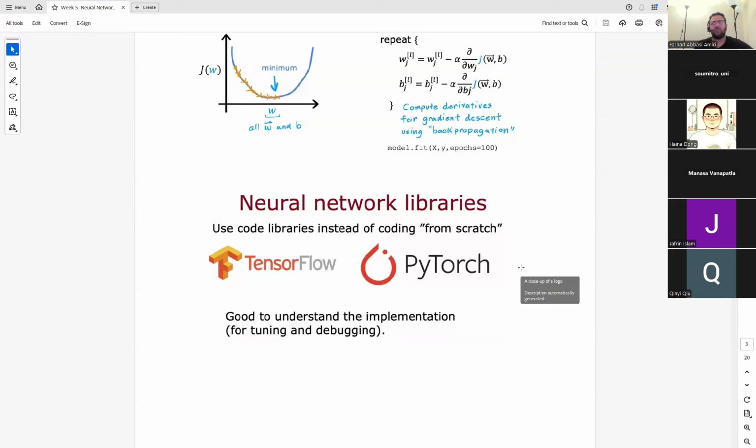Then you call, for example, binary cross entropy as a loss function, and fit your model, and then you activate gradient descent to minimize the cost function and give you a best model for prediction, just by using a few lines of code. Why?